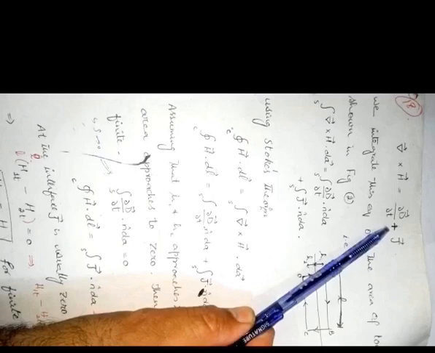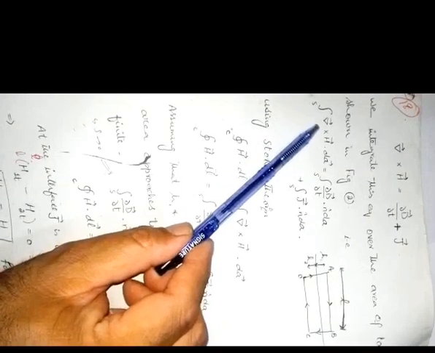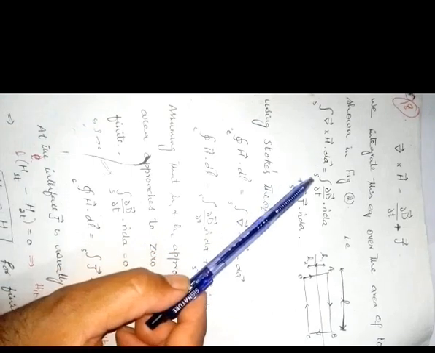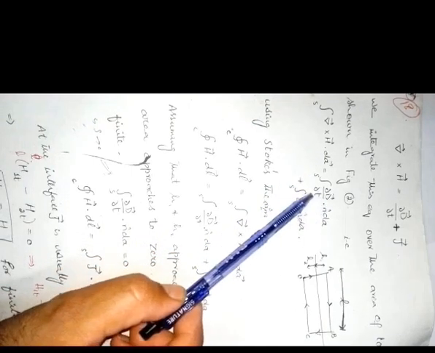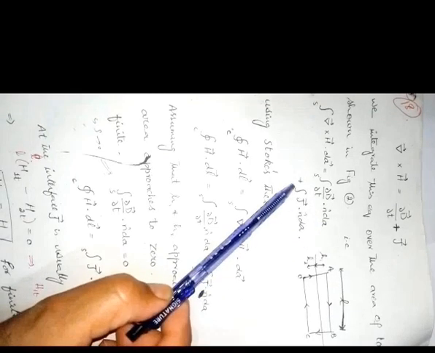So we integrate this equation over the surface S of this path, so it becomes the surface integral of del cross H dot dA equal to the surface integral of curly D by curly T dot n dA plus the surface integral of J dot n unit vector dA.